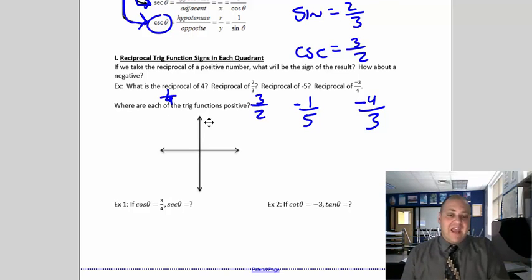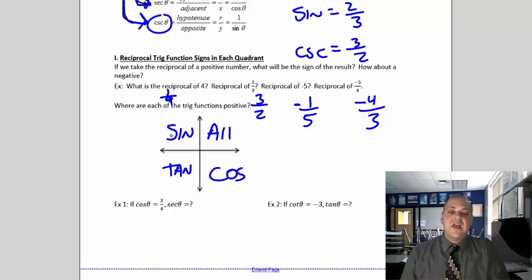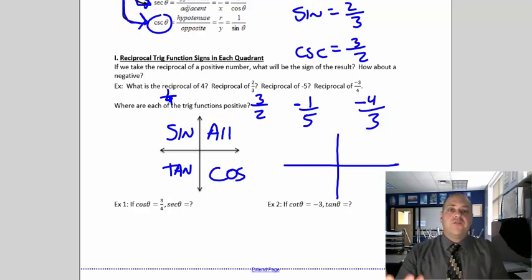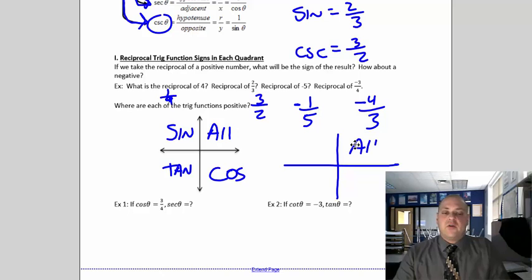Now remember we did ASTC: all positive, sine positive, tangent positive, cosine positive. That's where these functions are positive. They're negative in the other quadrants. Well, if we're going to do this now for the new functions, okay? So everything's positive in quadrant 1. If you flip a positive, you get a positive. In quadrant 2, if the sine is positive, then its reciprocal must be positive.